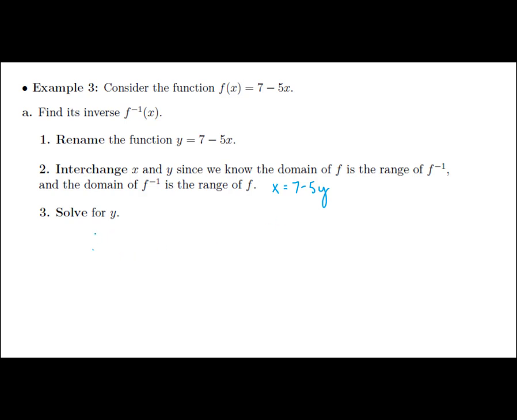And then lastly, what you have now is an equation where y is not by itself, but let's go ahead and get y by itself. So I'm going to subtract 7 from both sides here. x minus 7 is equal to negative 5y. And then I'll divide both sides by negative 5.